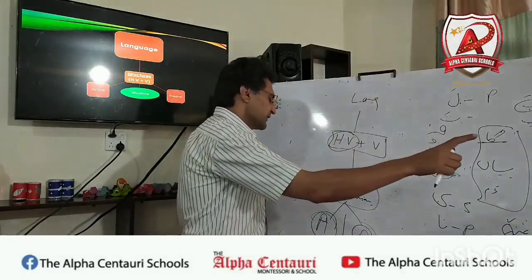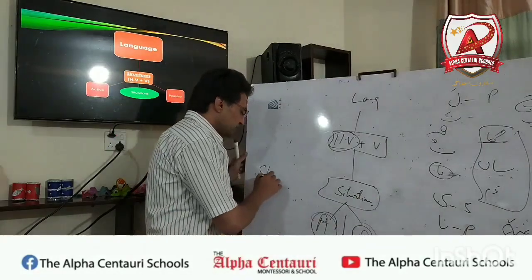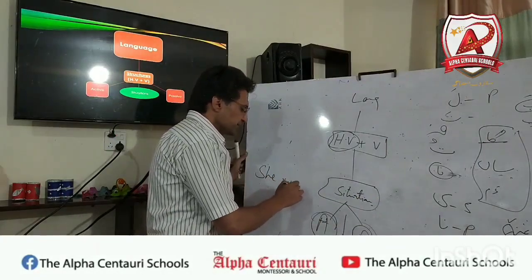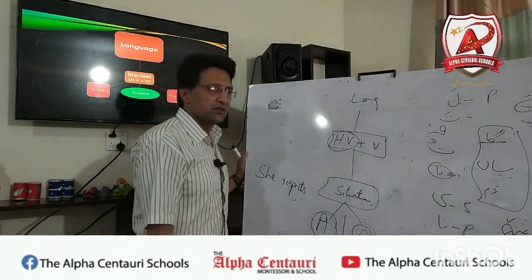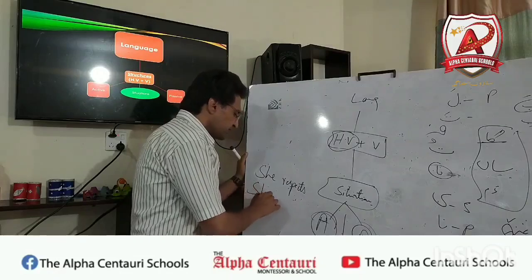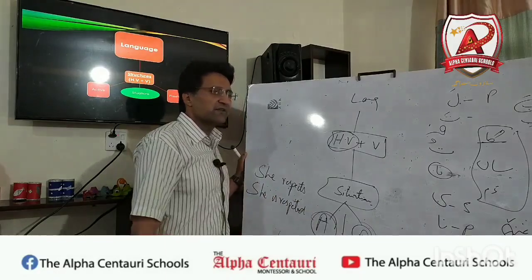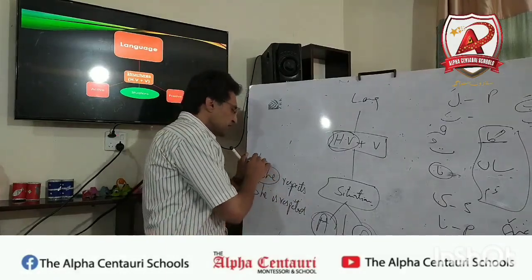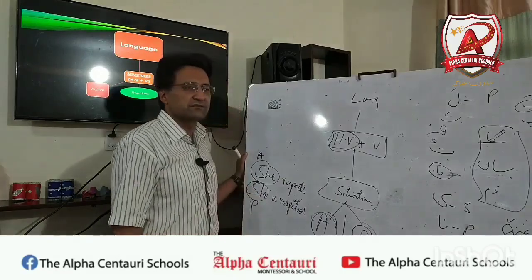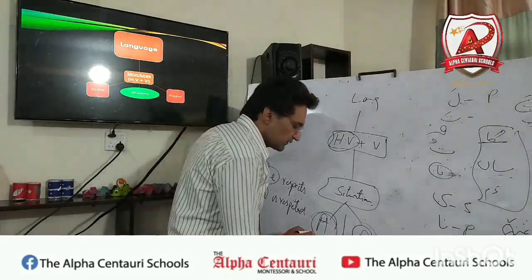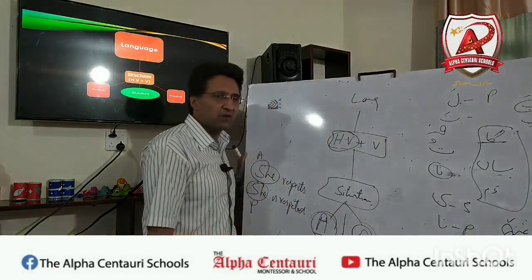When I'm talking about you, ma'am, that she respects others, this is one situation. And when I'm saying that she is respected by all, she is respected by others, what's the difference? Here she is active. And here she is passive. We thought that to convert active into passive and passive into active, it is what language? No, not at all.